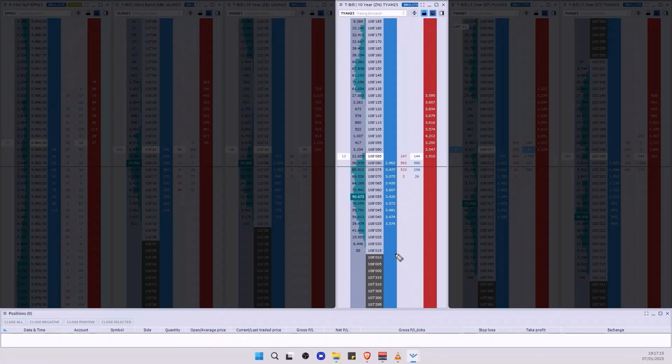So at this point, buyers will want to generate a volume profile breakout at this price level. Why is that?